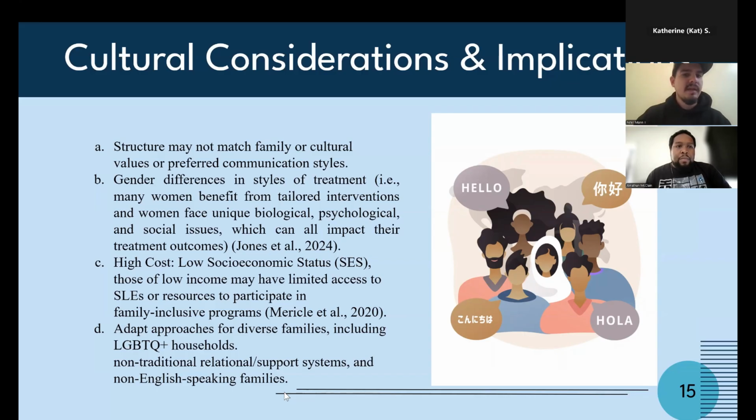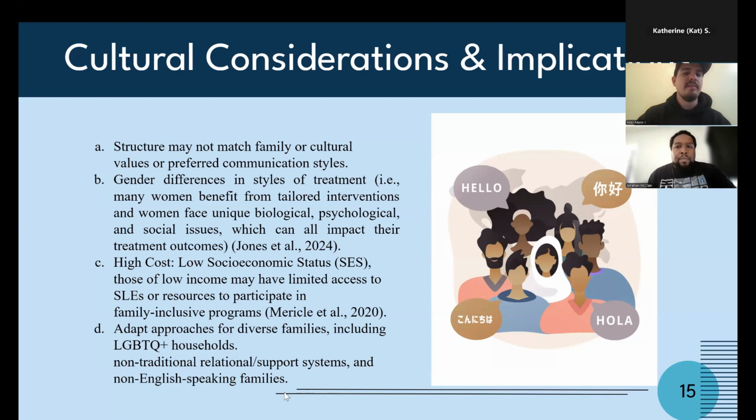It affects a lot of populations. So, there are gender differences in styles of treatment, i.e., many women benefit from tailored interventions. Also, women face unique biological, psychological, and social issues, which can all impact their treatment outcomes.